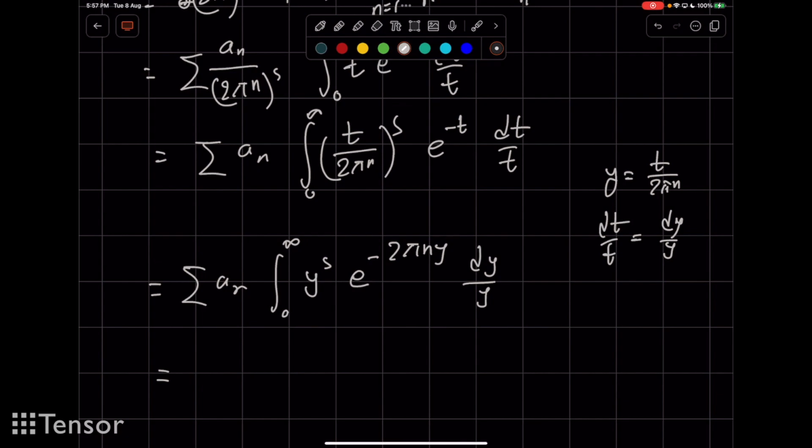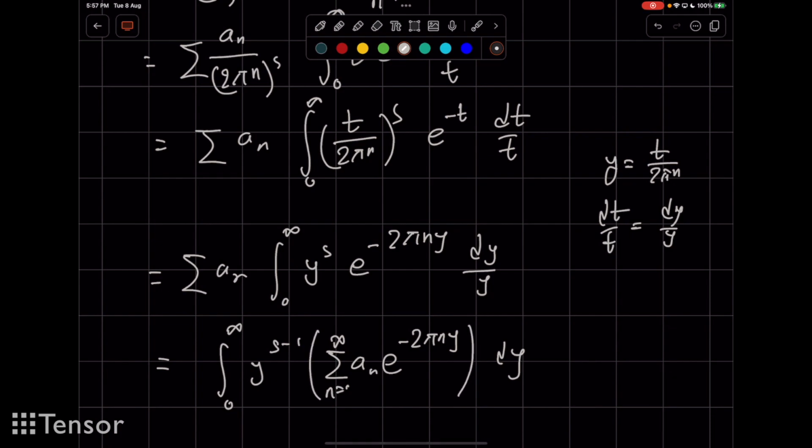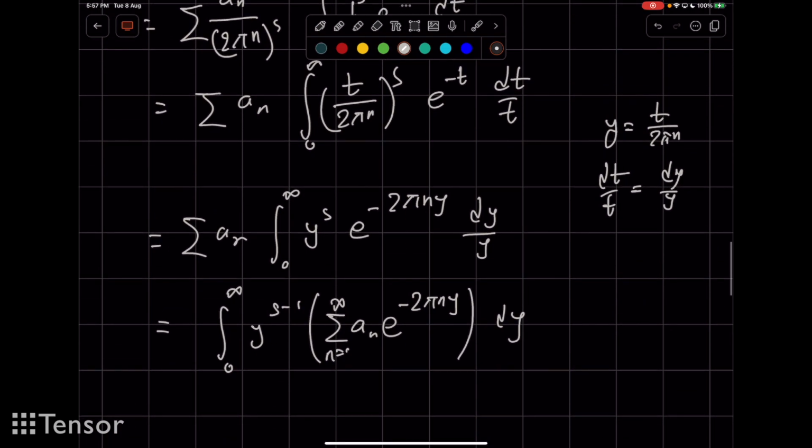And now we are going to switch the order of integral and summation. So this becomes the integral from 0 to infinity of y to the s minus 1, times the sum of a_n e to the negative 2 pi n y, n equals 1 to infinity, dy.